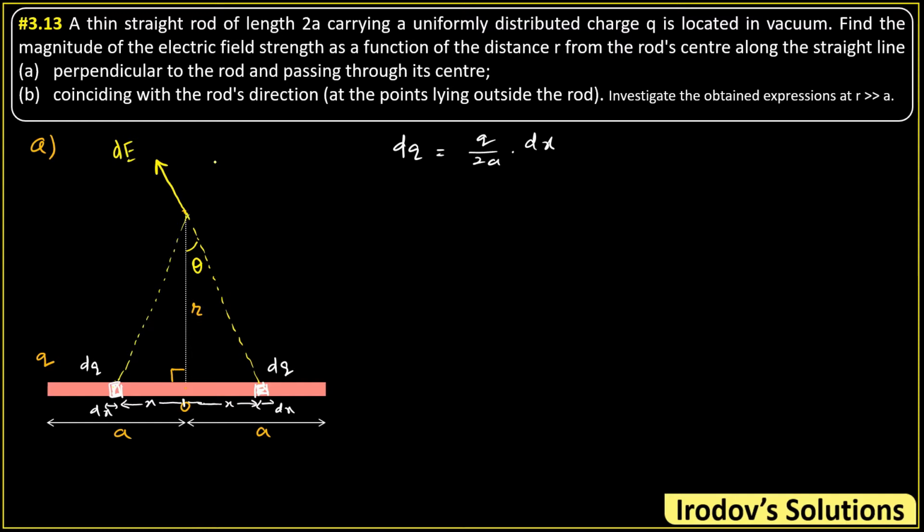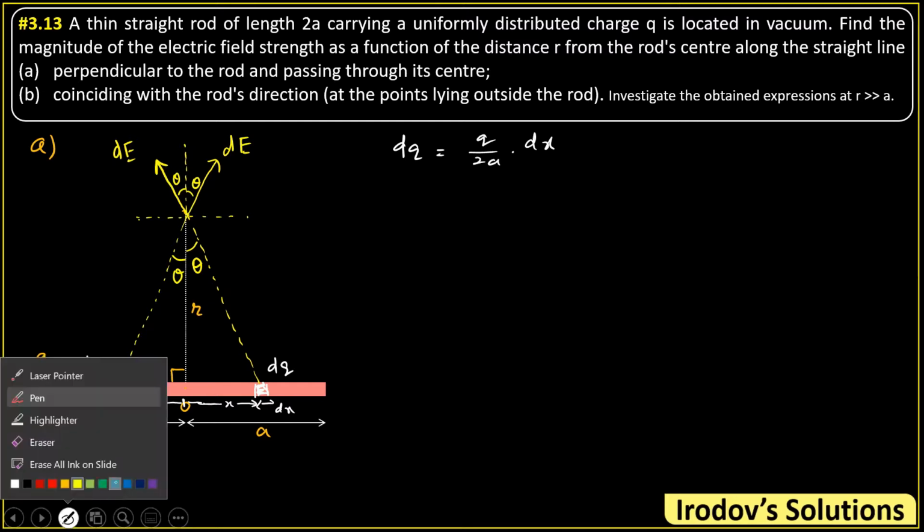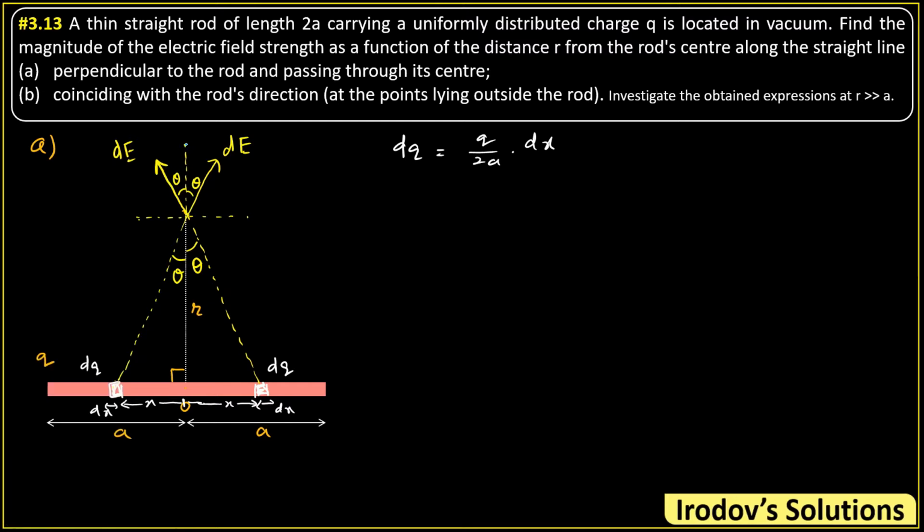So this will also be dq, dE, and by symmetry, obviously, this angle is also theta. So this angle is theta and this angle is theta. So what will happen there? The sin theta components of both dE will cancel, and the cos theta components will get added. So the resultant electric field because of both dE is, suppose, dE naught.